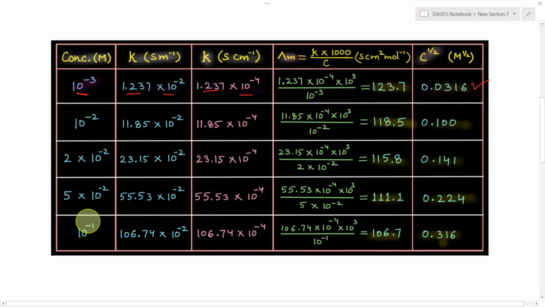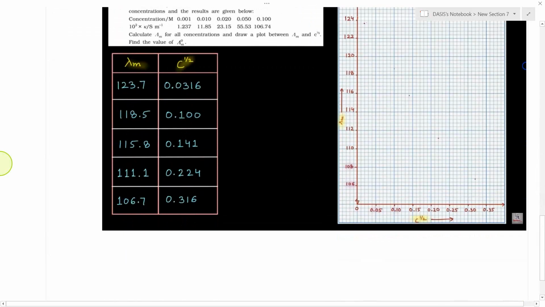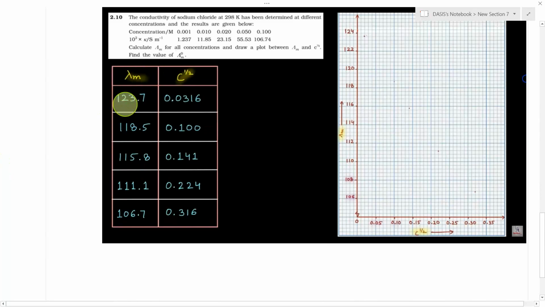Right? So now we have to make a graph between these two values, the molar conductivity and the square root of concentration. We will write this in a separate sheet. Just take a screenshot to understand these things. So let's move to the graphical sheet. Here we have the molar conductivity value as well as the square root of concentration value, and we are going to plot the graph.